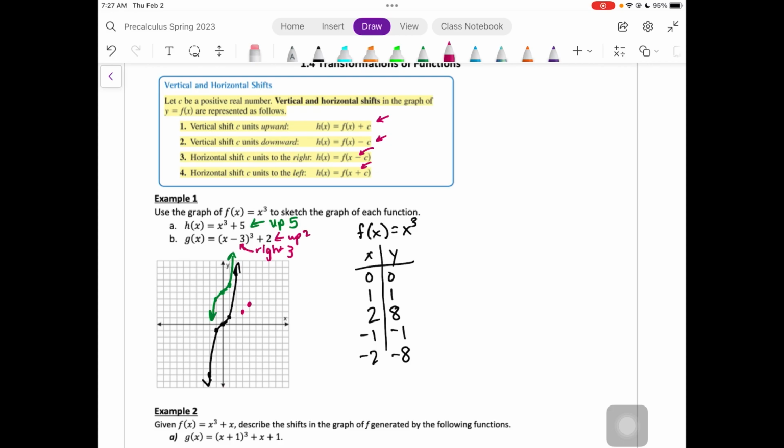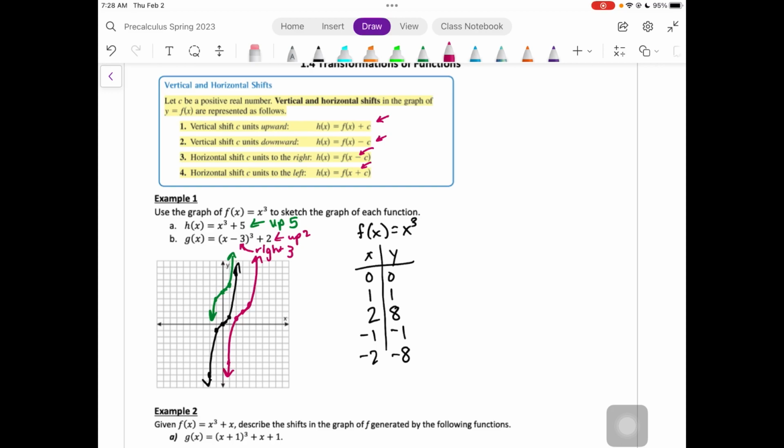And then we'll do our -1, -1. So 1, 2, 3, up 2. And then let's do our 2, 8. So right 1, 2, 3, up 2. And then we'll do our -2, -8. So 1, 2, 3, up 2. There we go. And so it's going to look something like that.